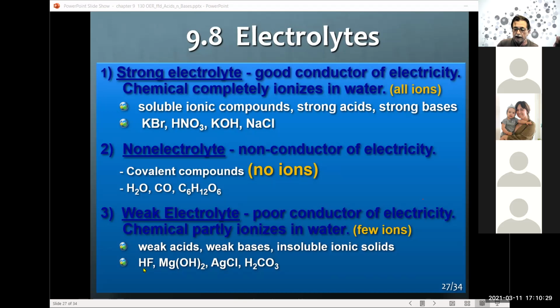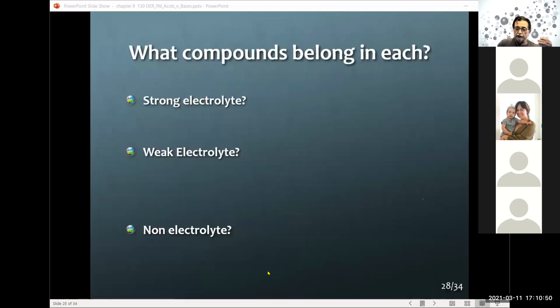So things like hydrofluoric acid, magnesium hydroxide, which is a weak base, and we know it's weak because magnesium hydroxide is insoluble in water. Silver chloride is weak because it's insoluble in water, and carbonic acid is a weak acid. Those will be weak electrolytes.